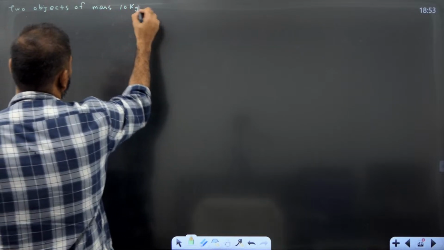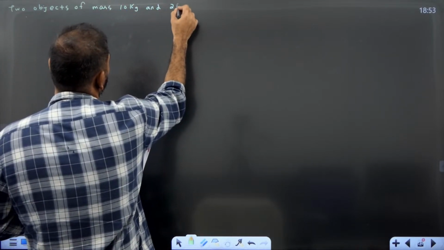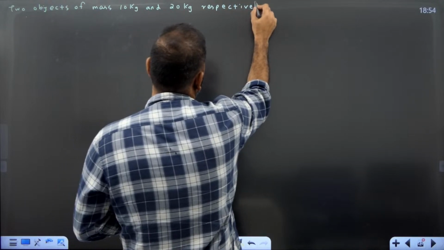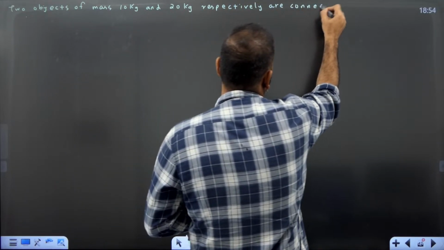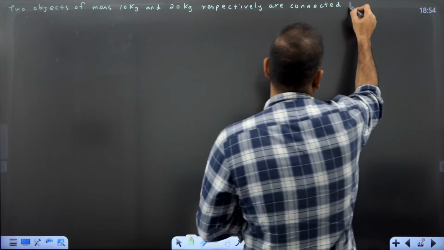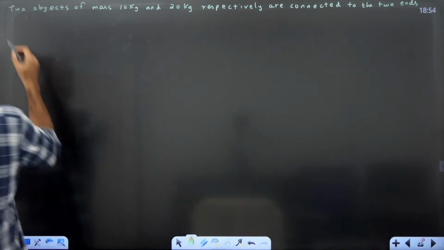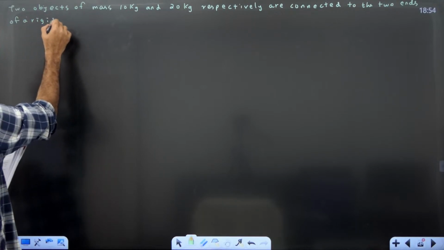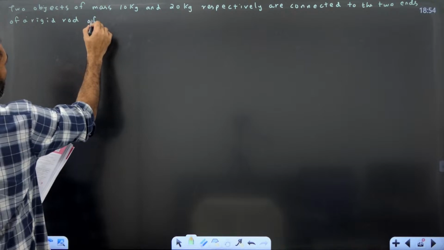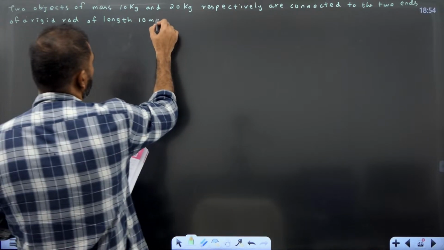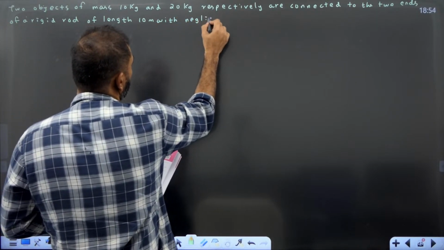Two objects of mass 10 kilogram and 20 kilogram respectively are connected to the two ends of a rigid rod of length 10 meter with negligible mass.